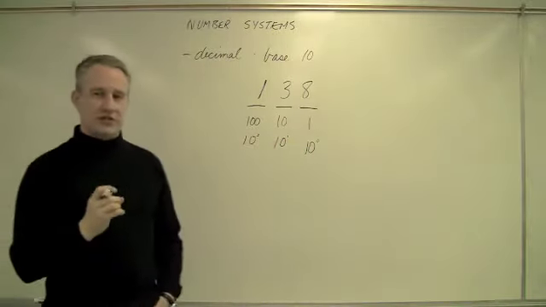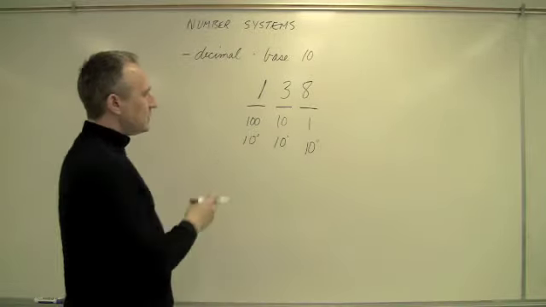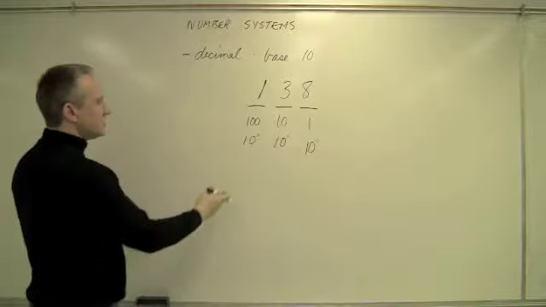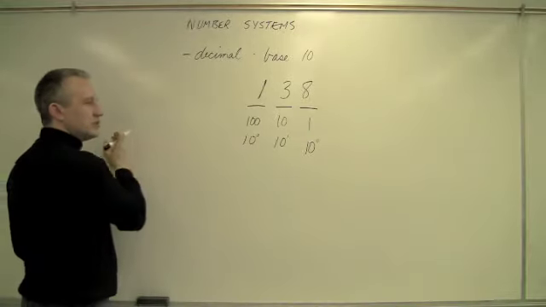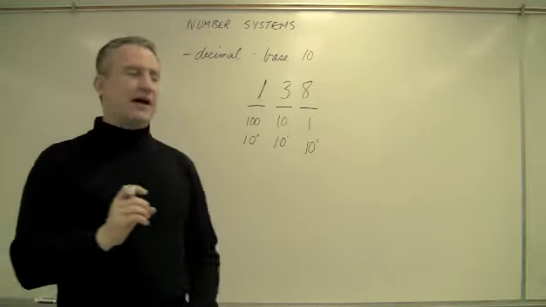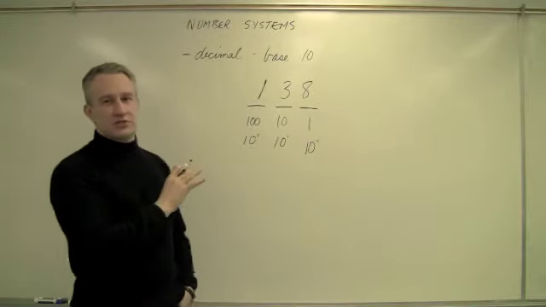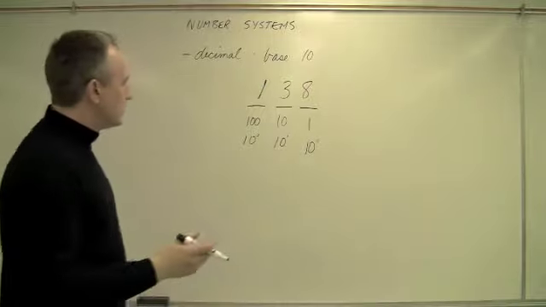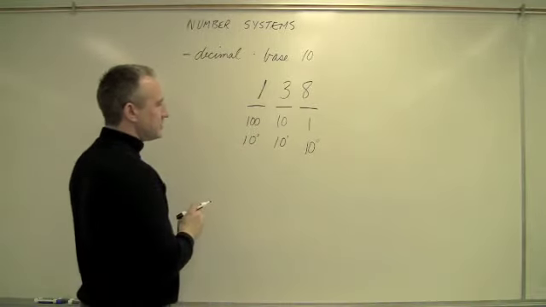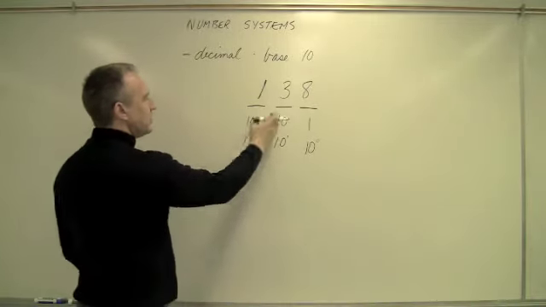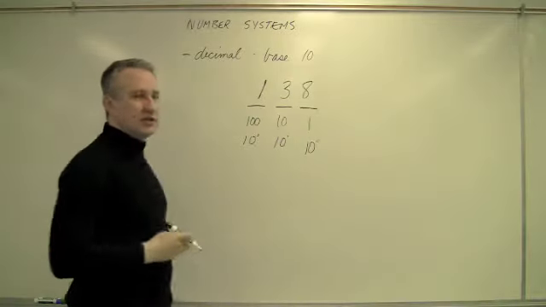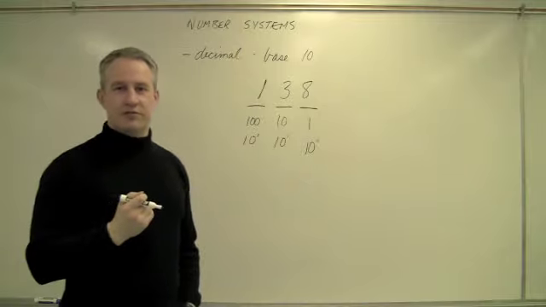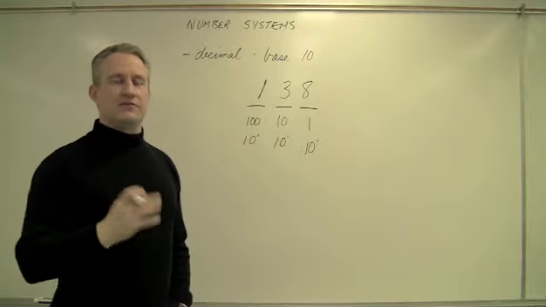The first position, 10 to the power of 0. Next one, 10 to the power of 1, 10 to the power of 2. And that exponent just simply increases as we go to the digits to the left. And that is how any number system works as far as its underlying structure: the base of the number system to some exponent for each individual digit. Multiply the digit by the weight of its position, add everything up, and that gives you the value.